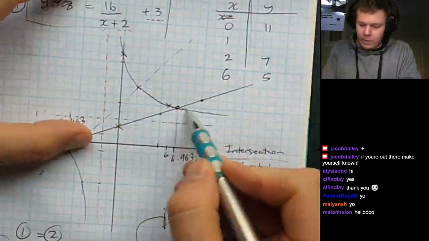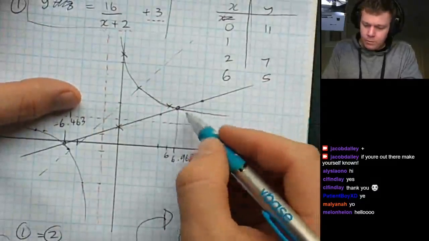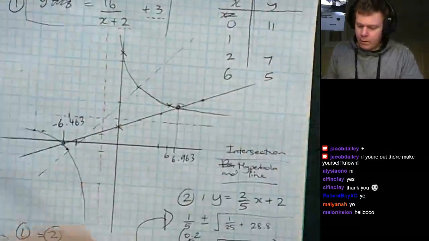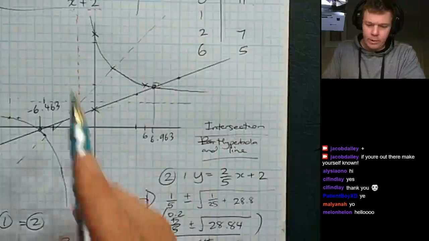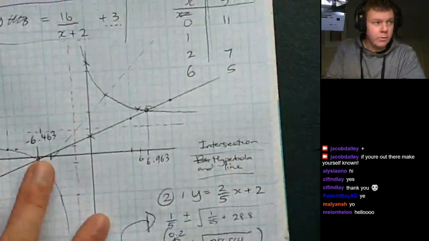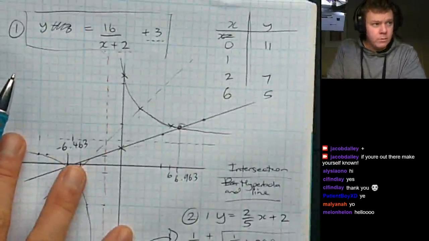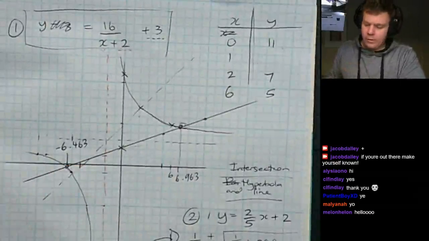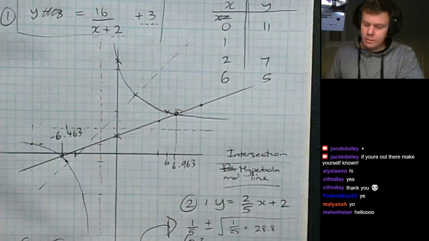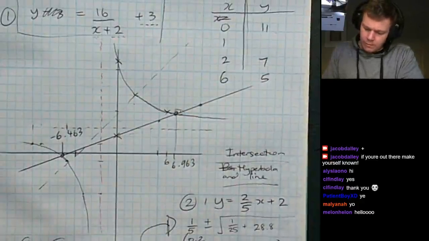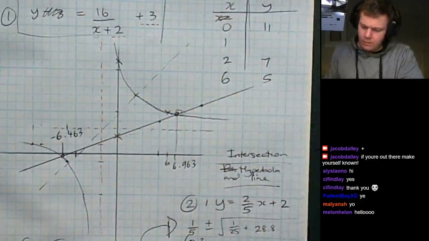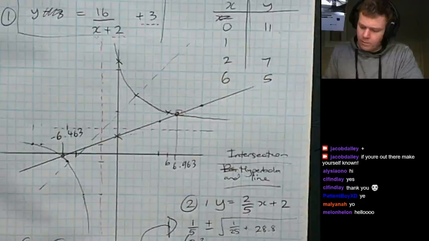And of course, we'll work out the y value for that. So to do that, don't use the hyperbola equation, although you could. Let's use the hyperbola equation just for the sake of it. It's not too difficult, really. So x1 equals that, x2 equals that.